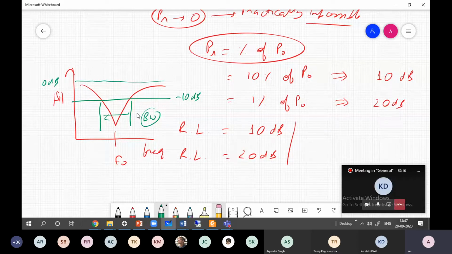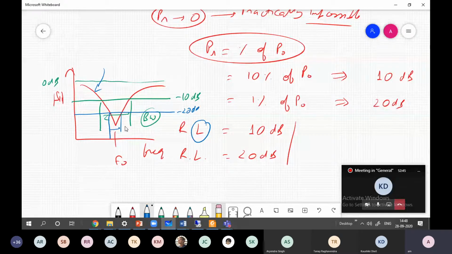You must understand the difference between return loss and S11. S11 is this graph, the red one. Return loss will be a positive quantity because the loss term has already been introduced. If I want minus 20 dB, my bandwidth will become narrower.